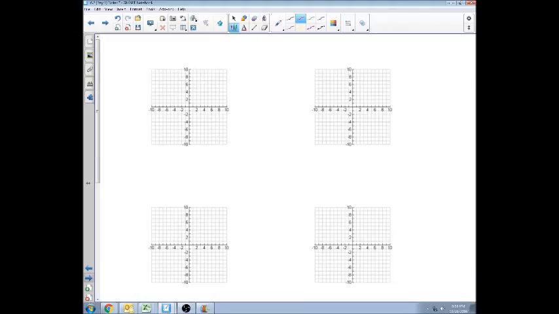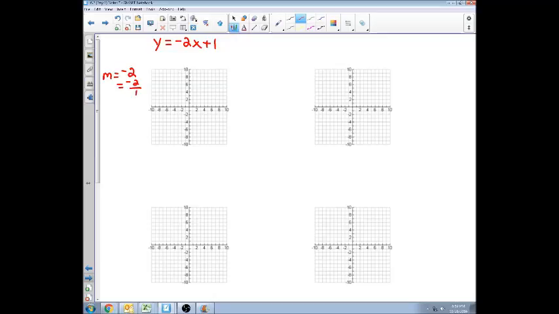Let's go ahead and move on to the back. You notice that you don't have any numbers here. So my first problem is going to be y equals negative 2x plus 1. I want to identify my slope and my y-intercept first. So my slope in this case would be negative 2. I can rewrite that as negative 2 over positive 1.